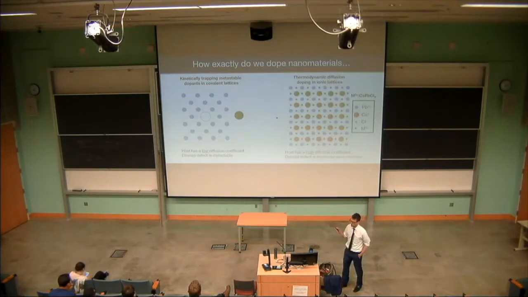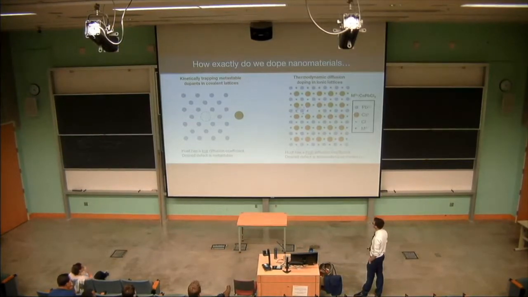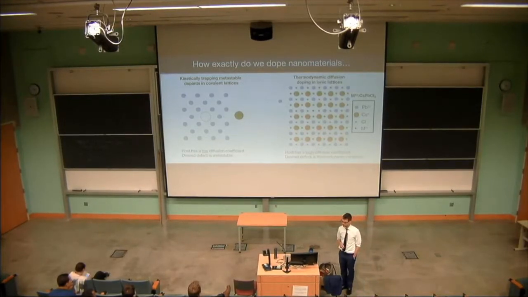Ideally, however, your defect that you're trying to form is at some point metastable. On the far end of that spectrum, you have an ionic host which has a very high diffusion coefficient. And ideally, the defect you're trying to form does have some kind of low energy structure. In this case, you could imagine just putting your defect nearby the solution and chemical potential would drive it into the lattice.